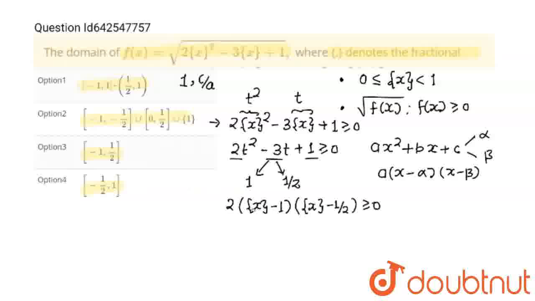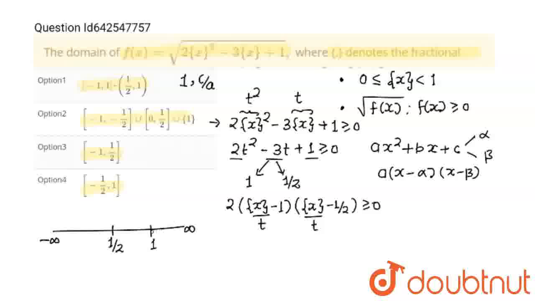Now I am going to draw a number line from minus infinity to infinity, marking 1 by 2 and 1. So this is 1 by 2 and this is 1. If we take any number, first consider this t, then draw the number line.